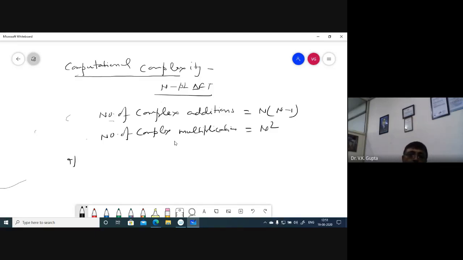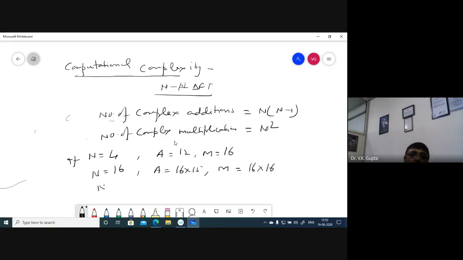So if N is equal to 4, if you want to calculate the 4-point DFT, then additions will be 4 into 3, 12, and multiplications will be 16. For the same sequence, if N is 16, then the number of additions will be 16 into 15, whereas multiplications will be 16 into 16.